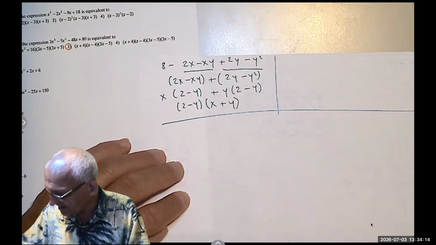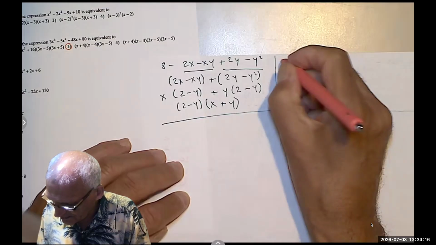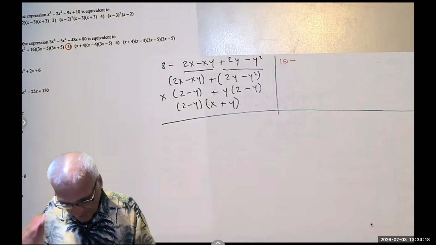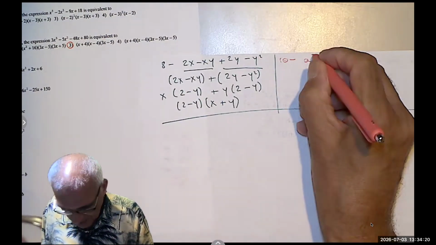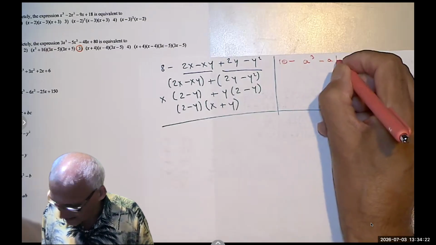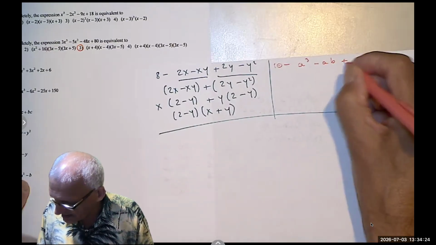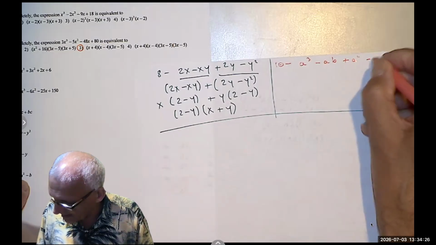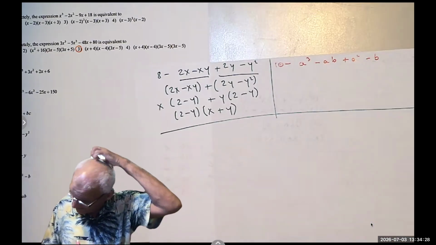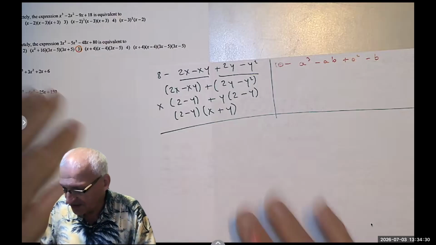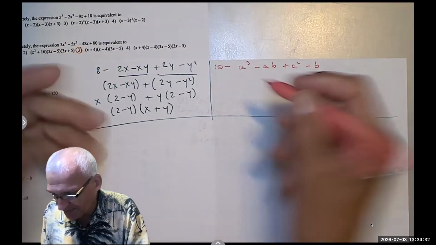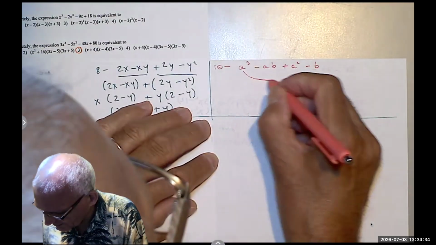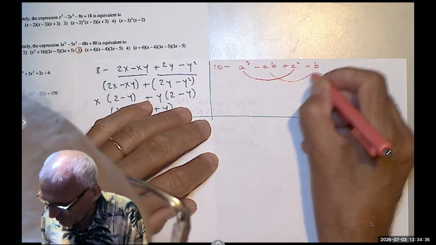Let's do number 10 here. A cubed minus AB plus A squared minus B. Same thing. I'm going to take the first and third, second and fourth.